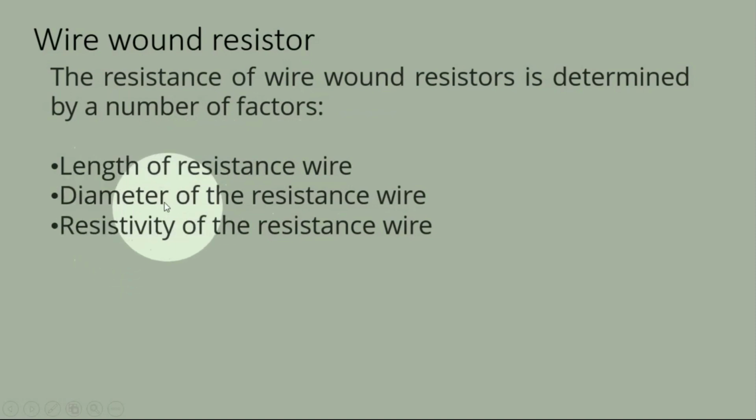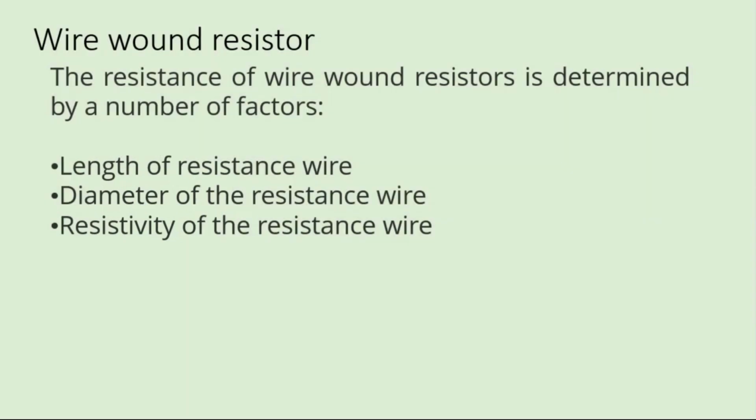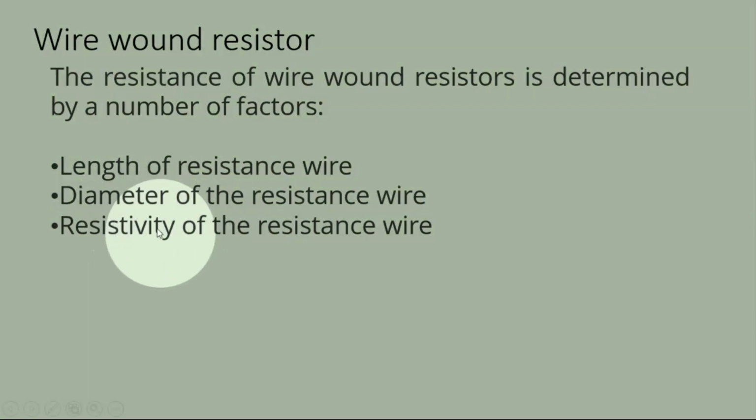The diameter is inversely proportional to the resistance of the wire, because diameter involves the cross-sectional area of the wire. And the resistivity also. Resistivity is directly proportional to the resistance of the wire. So these are the three factors: the length, the diameter, and the resistivity.